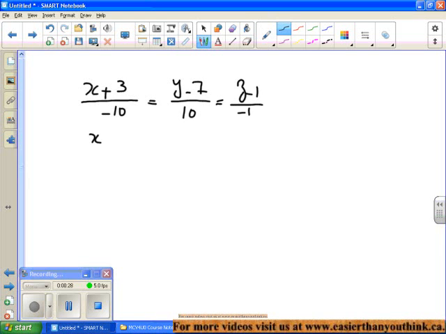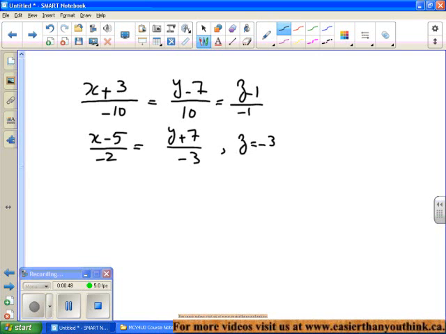And the other one is (x minus 5) over negative 2, (y plus 7) over negative 3, and z is equal to negative 3. The question is, what is the angle that these two lines make with each other?